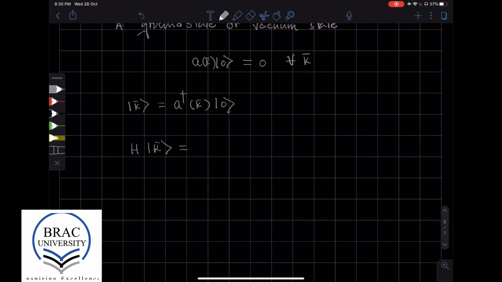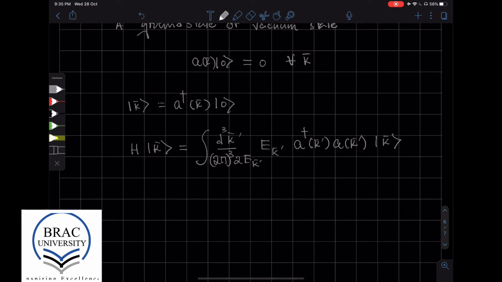Now we have an expression for H. The expression for H is the integral of d cubed k prime by (2 pi) cubed 2 E_k prime. These should all be primed because these are the indices that we are integrating over. And then we have the number operator a dagger of k prime, a of k prime, acting on the state which we are writing as |k>.